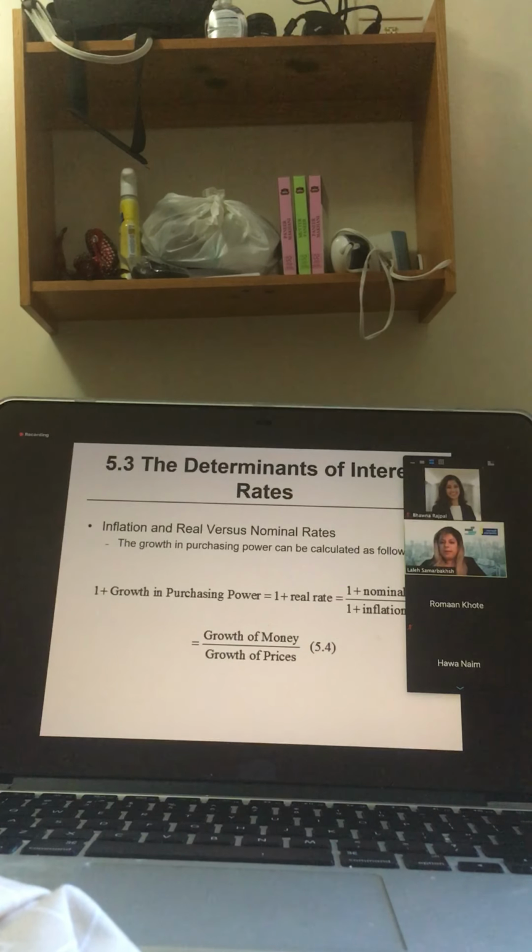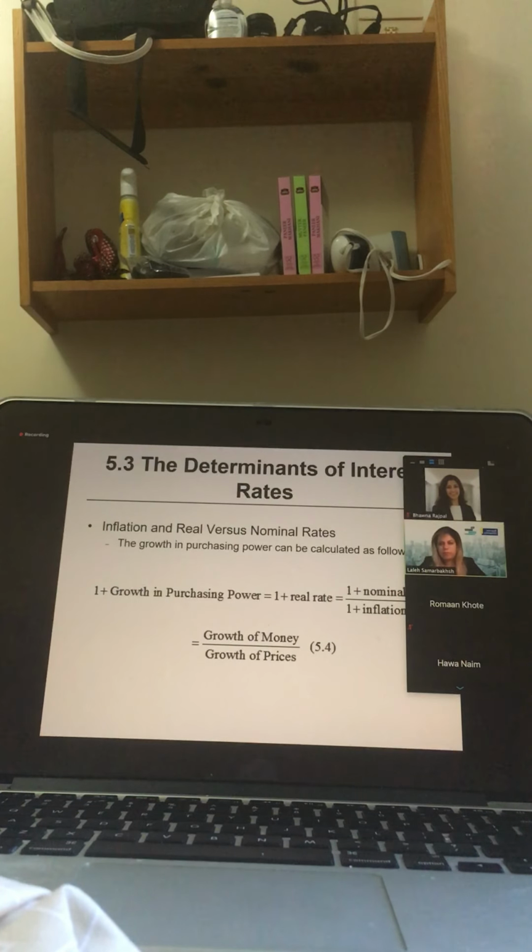The formula again is what we saw already. The growth in purchasing power can be calculated as follows. 1 plus growth in purchasing power is 1 plus real rate, which equals 1 plus nominal rate over 1 plus inflation rate, which is telling us that it's the relationship between growth of money versus growth of prices.